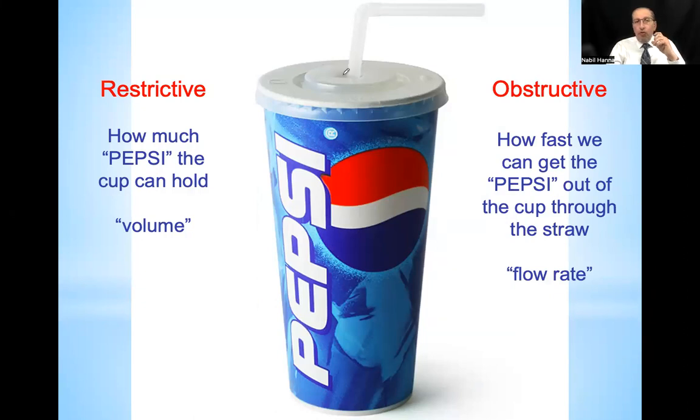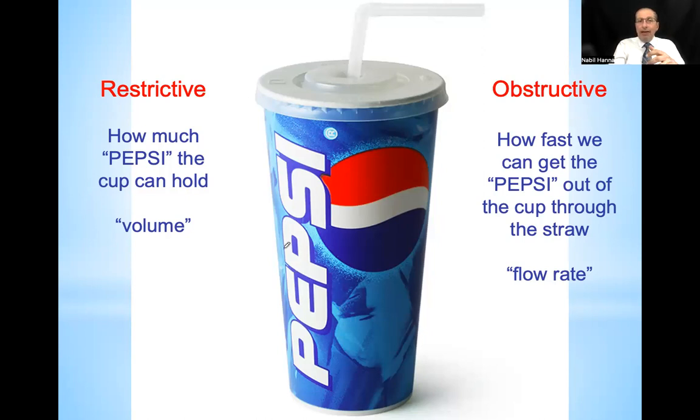So what is a restrictive cup disorder, a restrictive cup problem? Now, one of two things can happen and ruin our experience of drinking Pepsi out of this cup. The first thing is if the capacity of the cup is reduced.